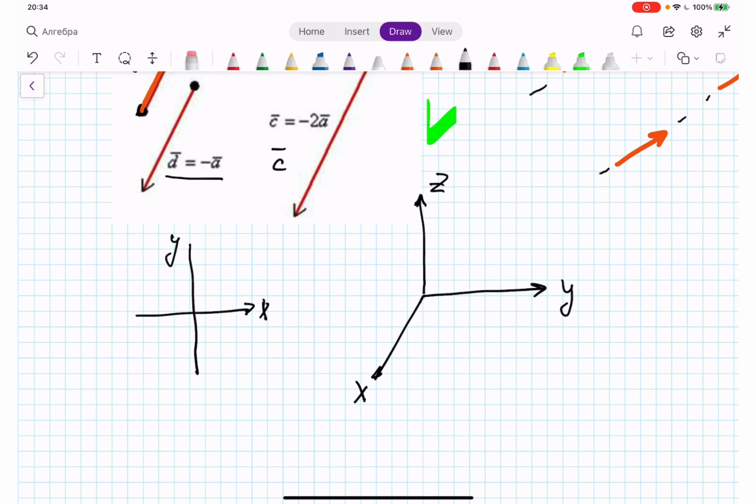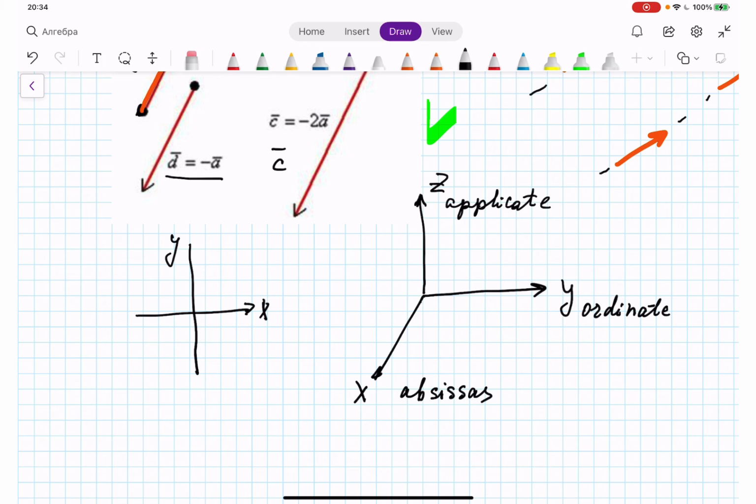So let me write them down: abscissas, ordinate, and applicate. The Cartesian coordinate system in space is the same as our rectangular coordinate system, which we also call the orthogonal coordinate system.